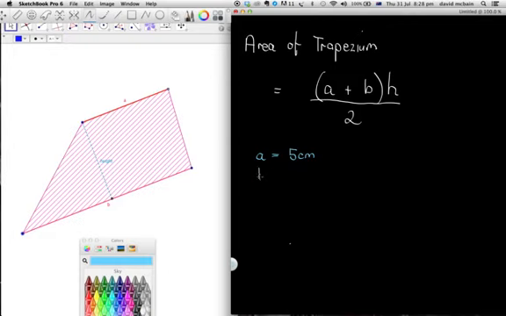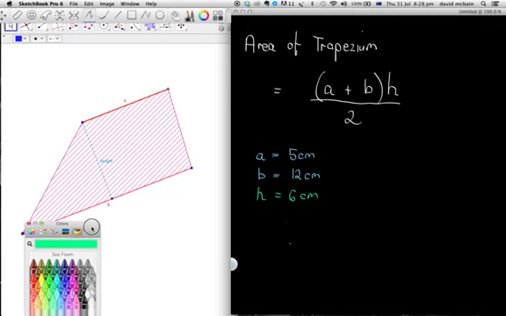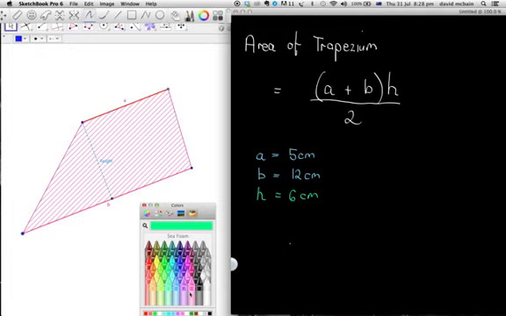So B equals 12. That's the length of this side here. And the perpendicular height, which we call H, is 6 centimeters. So H equals 6 centimeters. To work out the area, all we do is plug those numbers into our formula.